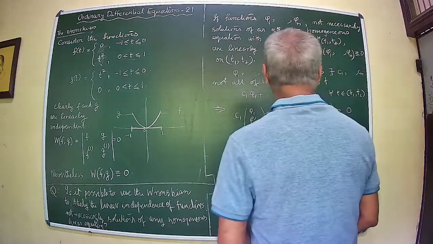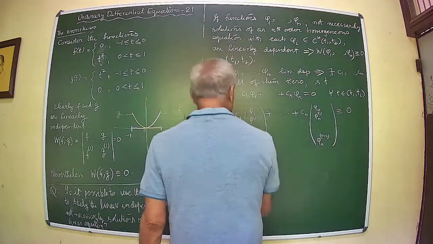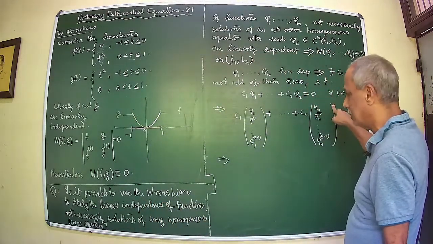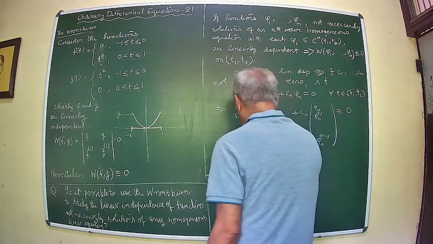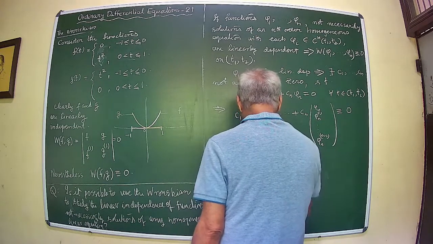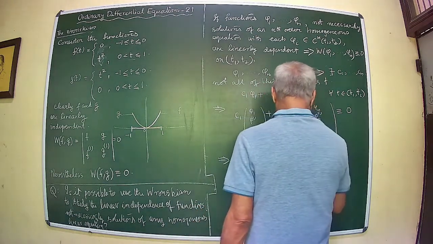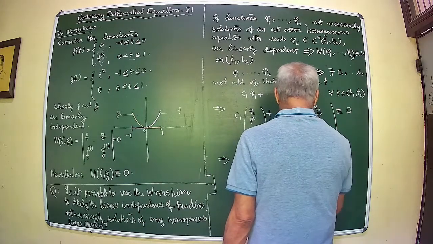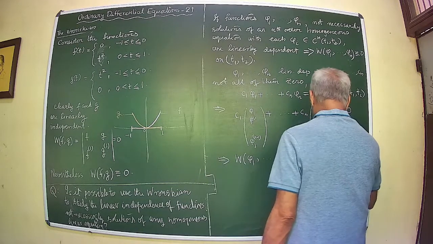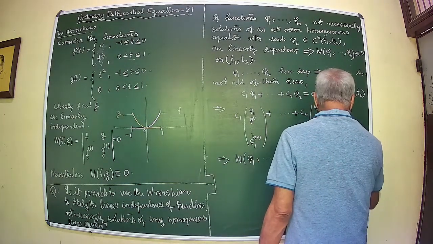What does this mean? This means if you take it at a point t naught, then W of phi 1 and so on at t naught is equal to 0 for t naught belonging to t1, t2.